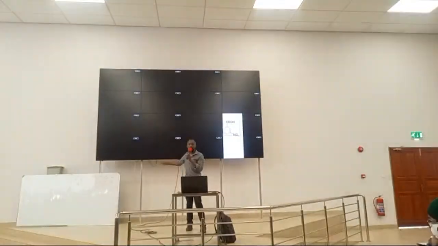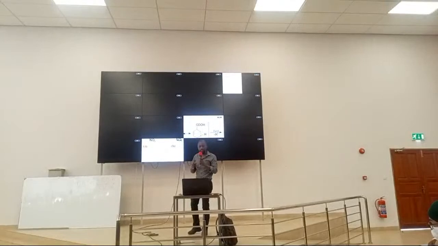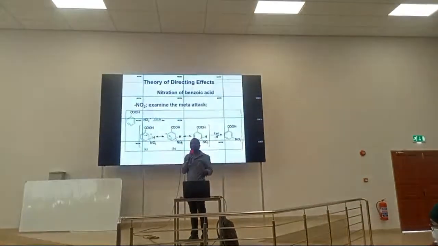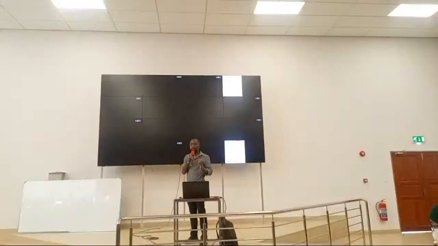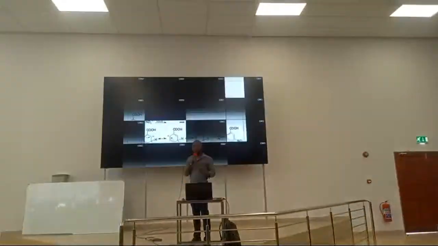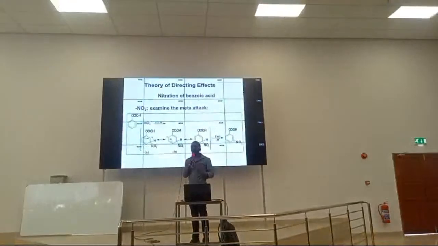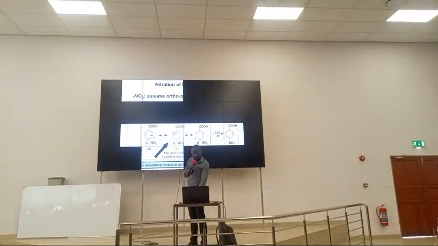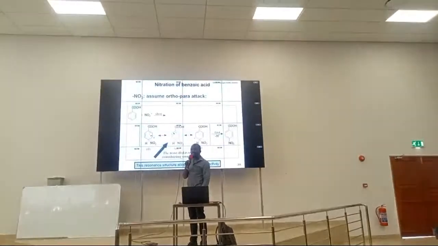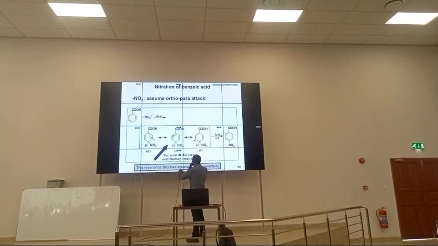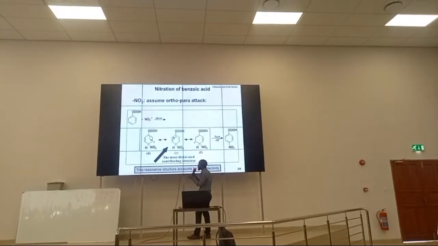So these are more stable sets of resonance structures. And this explains why attack occurs at the meta position whenever you have a carboxyl connected to a benzene ring system. The incoming electrophile will predominantly go to the meta position. If it goes to the ortho or para, then we get this highly unstable contributor, which is this one.